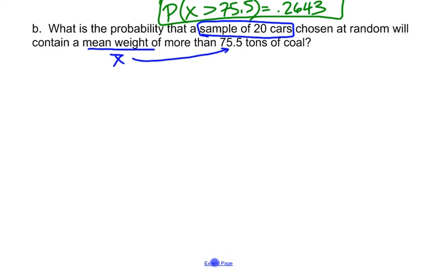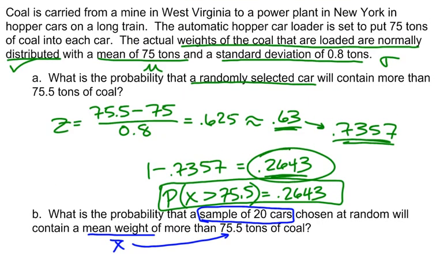So the problem changes a little bit simply because we're dealing with a sample. We are allowed to use the normal distribution because, if we go back, the population was normally distributed to begin with. So we're okay there.